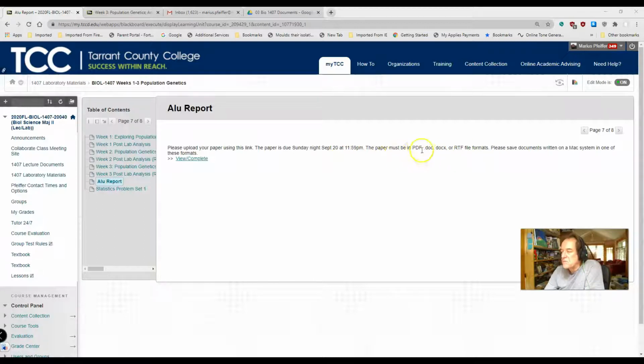You'll probably want to go for the PDF. If you haven't changed the settings on your Mac device, it might save the paper in a proprietary format that only another Mac can read, and TCC issues us PCs. That's what we work with. So please attend to that.